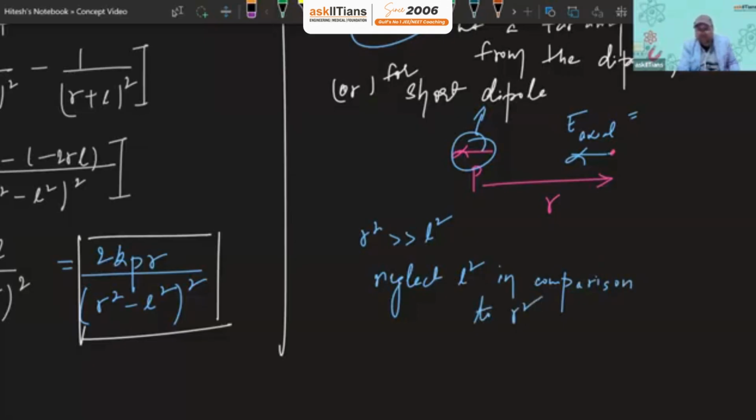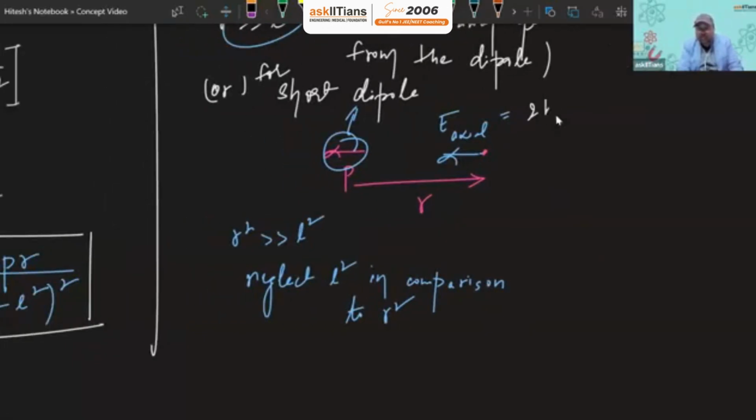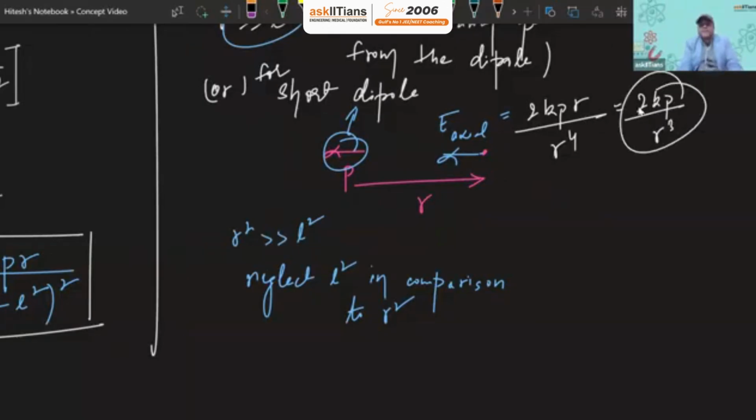So in this expression, what would we have? We'll be having 2KPR by R to the power 4, right? So finally we'll be having 2KP by R cube. Getting it? 2KP by R cube. So that is the electric field at the axial point.